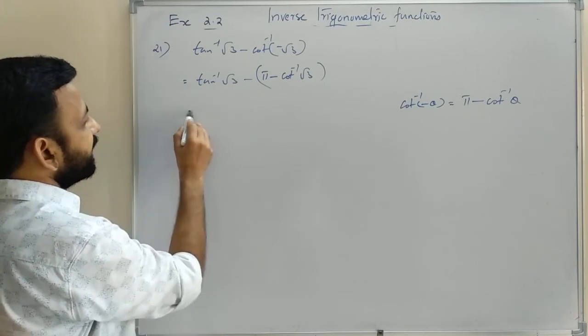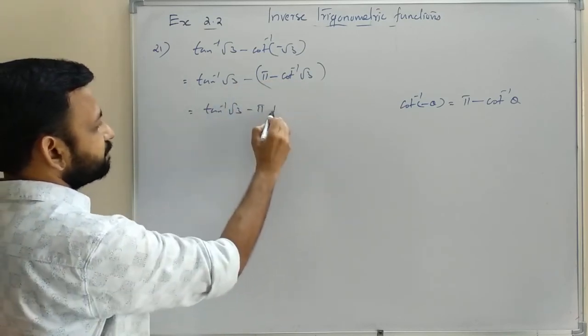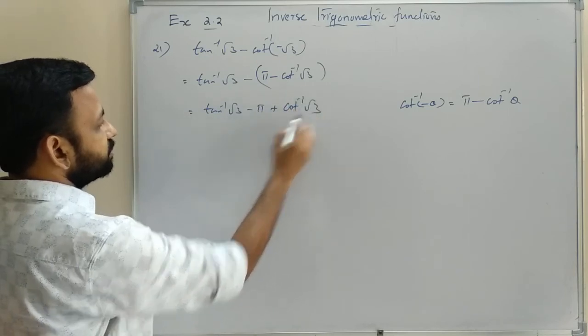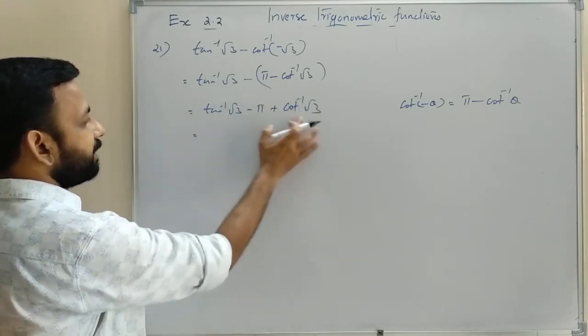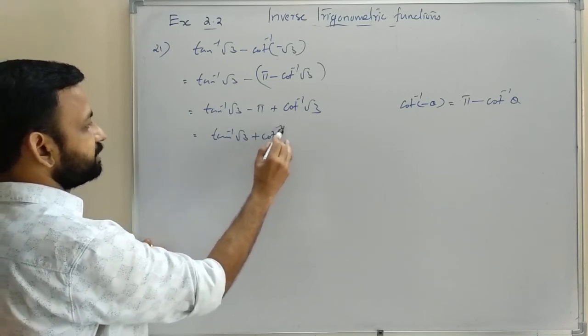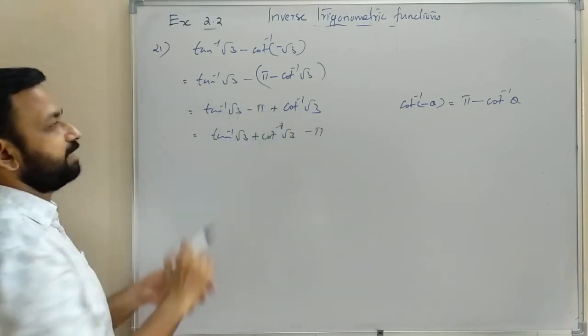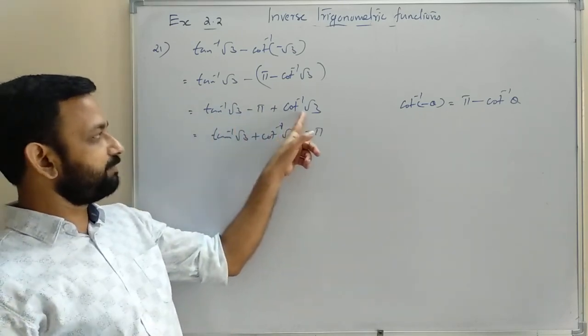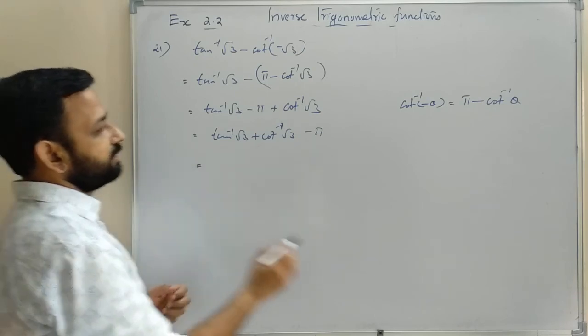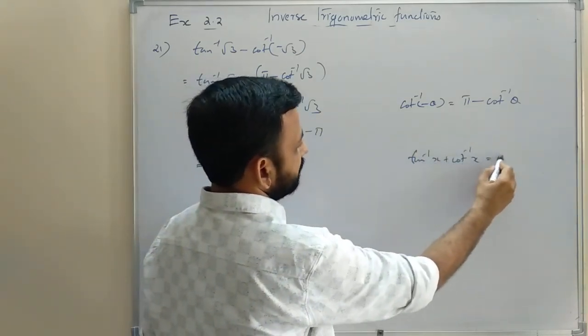Now we can open the bracket: tan inverse root 3 minus π, minus into minus is plus cot inverse root 3. Now we can combine and rearrange the terms: tan inverse root 3 plus cot inverse root 3 minus π. Then tan inverse x plus cot inverse x is equal to π/2.